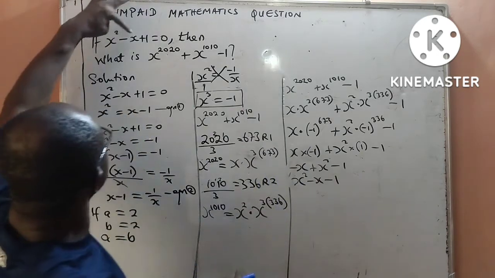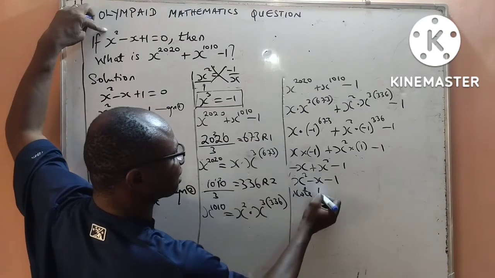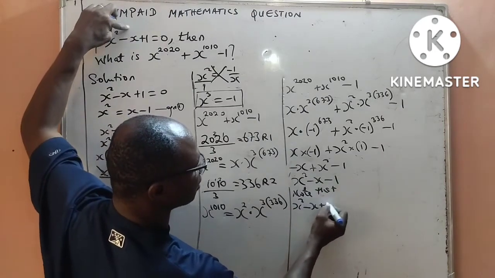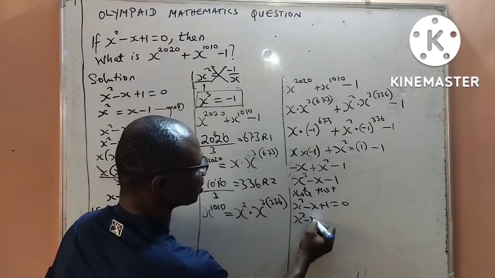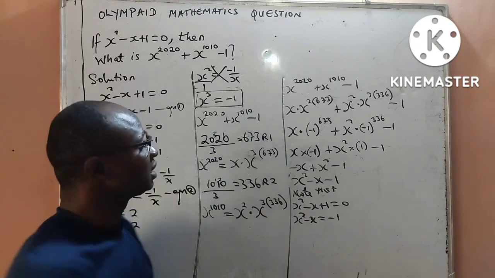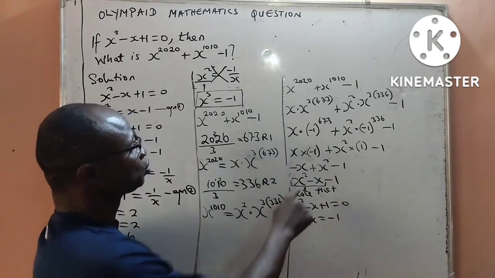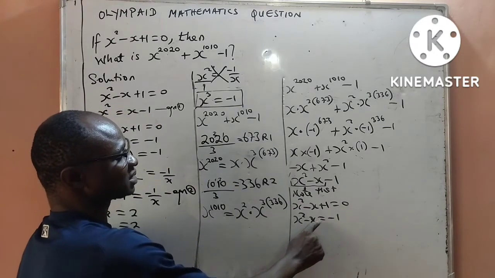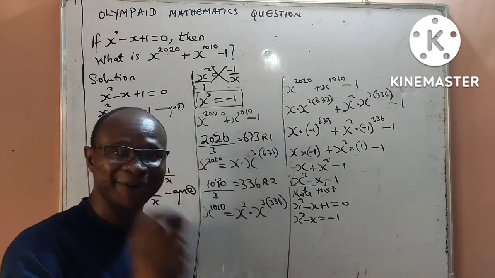Now, from the equation we are given, note that the equation given is x raised to power 2 minus x plus 1 equal to 0. From here, I can write x raised to power 2 minus x equal to negative 1. Meaning, here I got x raised to power 2 minus x. Here also there is x raised to power 2 minus x. Since it's an equation, I have now moved this plus 1 to become minus 1.